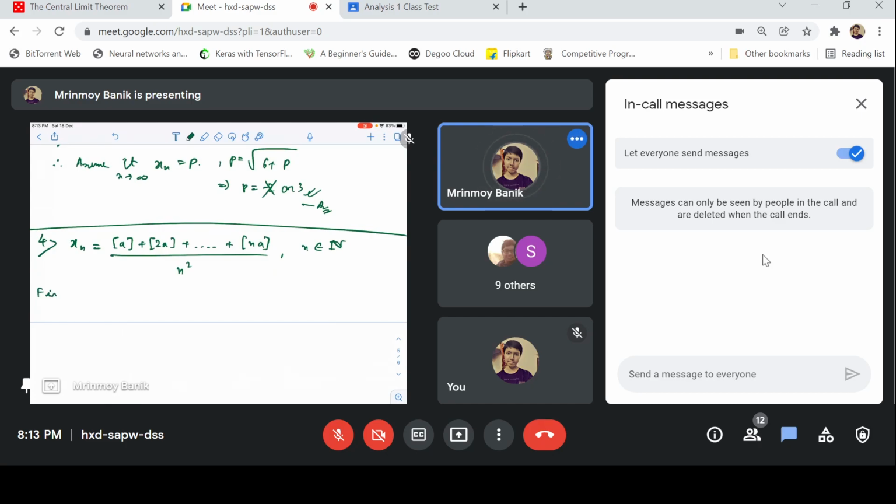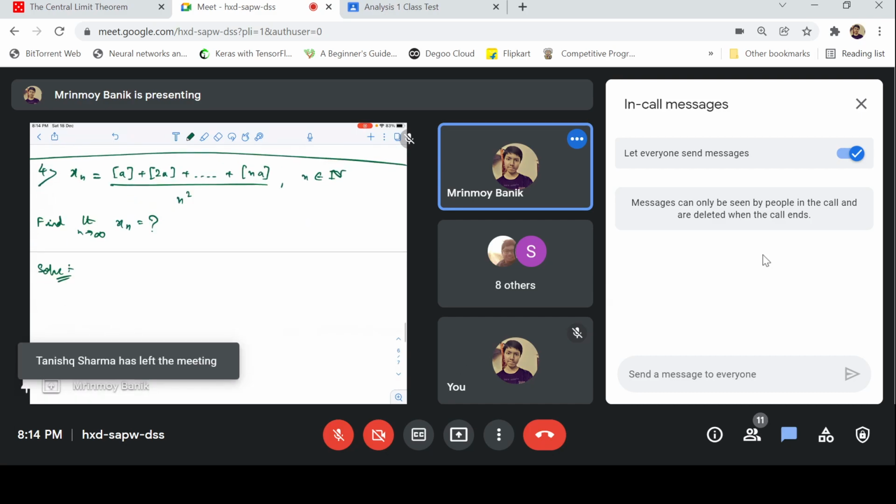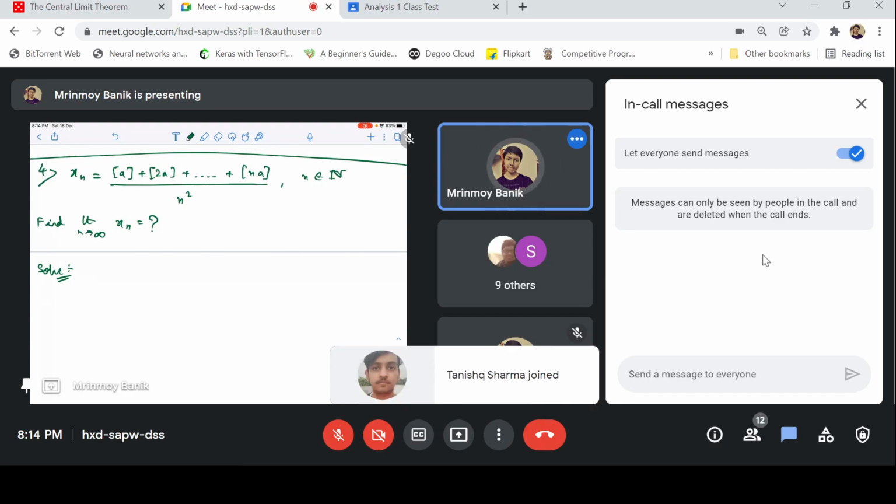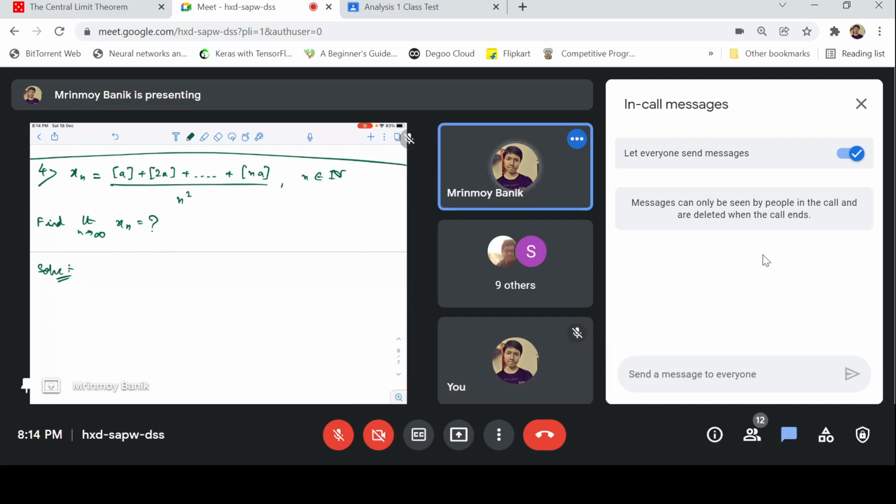So we are going to use the sandwich theorem. We have to find a suitable upper and lower bound for each term of the sequence, and then send n to infinity, and the lower and upper bound must have the same limit.